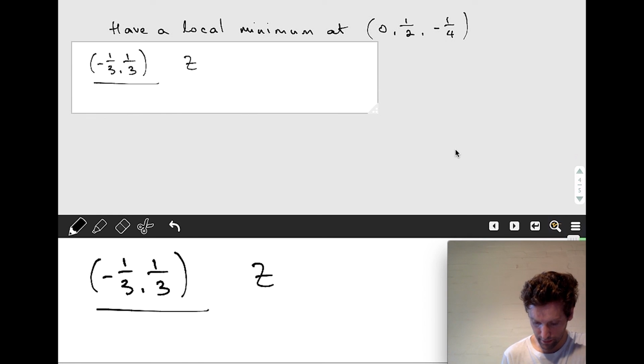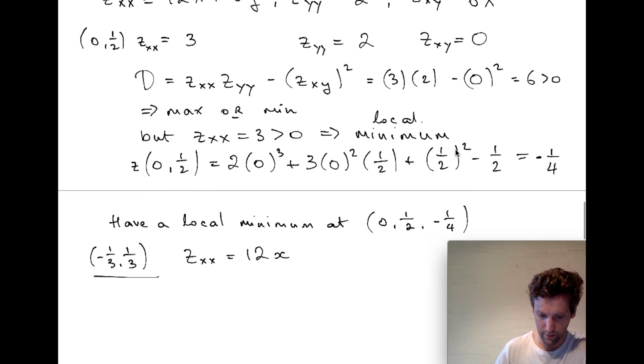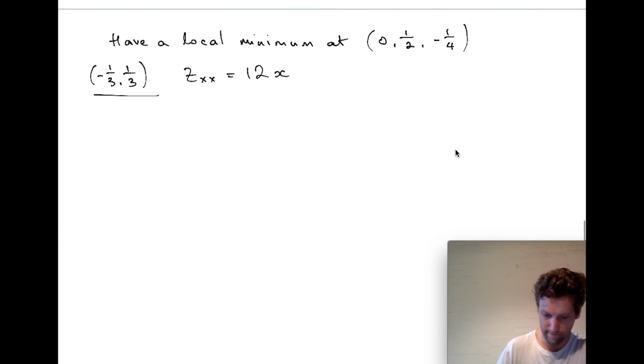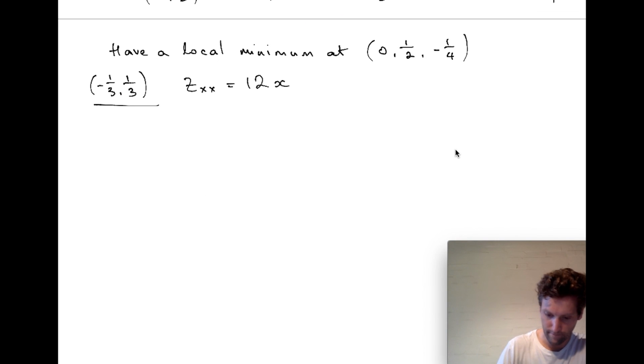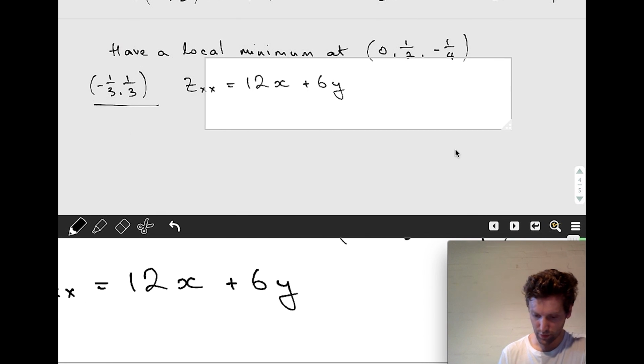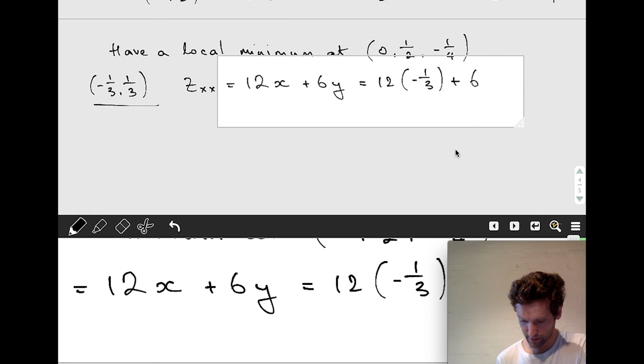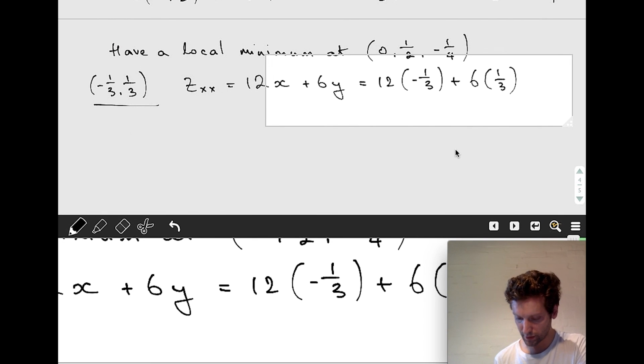The second derivative with respect to x was 12x plus 6y, which was equal to 12 times minus a third plus 6 times a third, which is equal to minus 4 plus 2, which is minus 2.